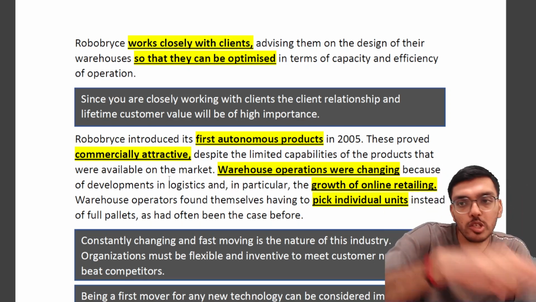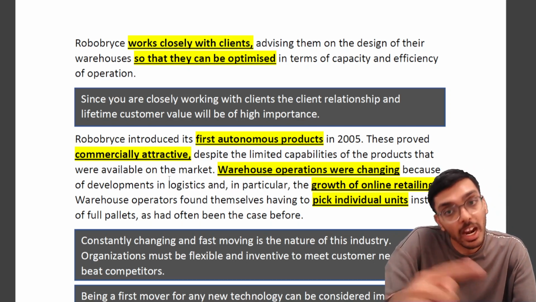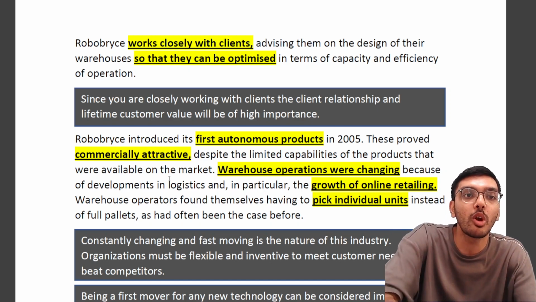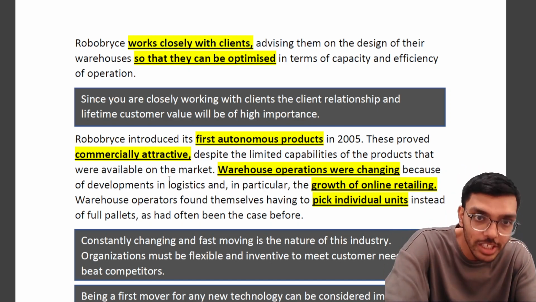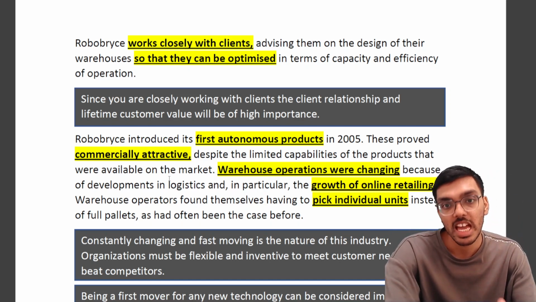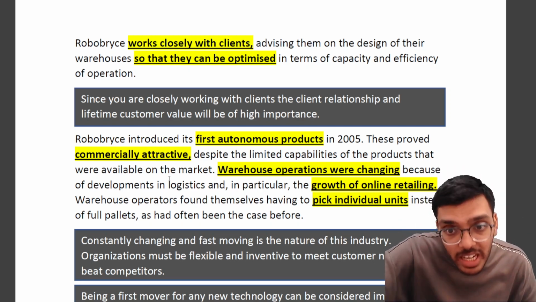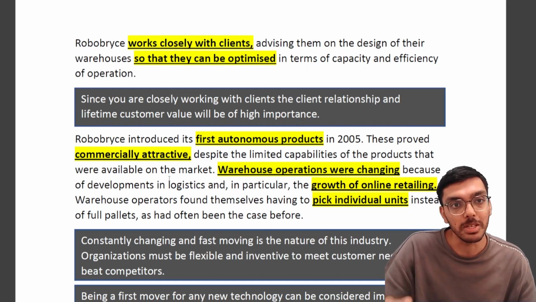So for them also, changing will be difficult, and for you it's a good advantage because that client will stay with you for a longer time. So building relationships with clients, having specialized client relationship managers will be very, very important for this business.